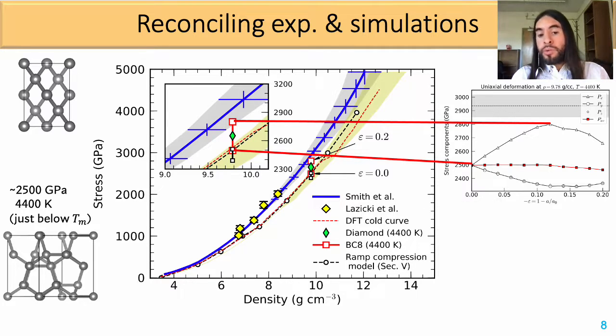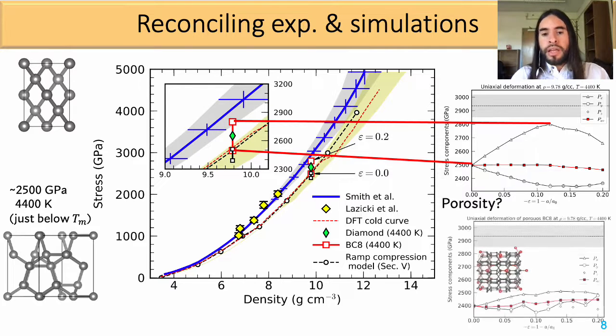We also tried incorporating porosity, which was originally included in the experiment, but that actually went the other way around in the sense that it is even harder to get a higher value of the stress in the compression direction when the sample is porous.